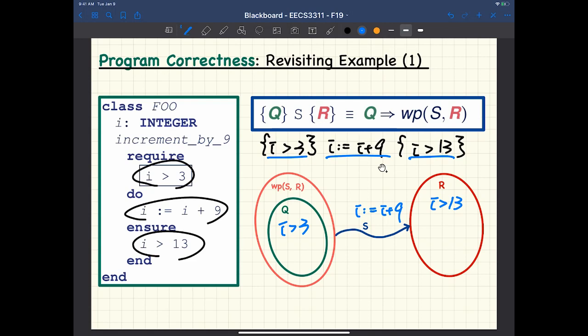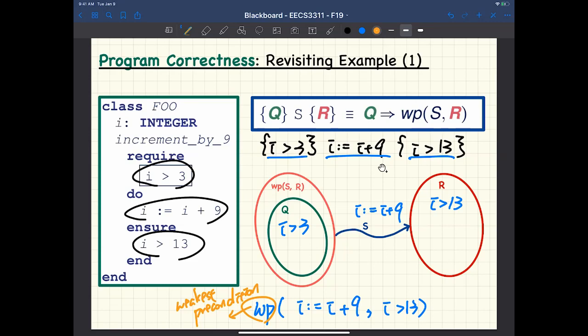It turns out the WP over here, I'll write it down. The WP, you can take it for granted just for now. WP for I is assigned to I plus 9 to establish I larger than 13. And WP here is, by the way, called weakest precondition. And the weakest precondition, you think about it like a function.